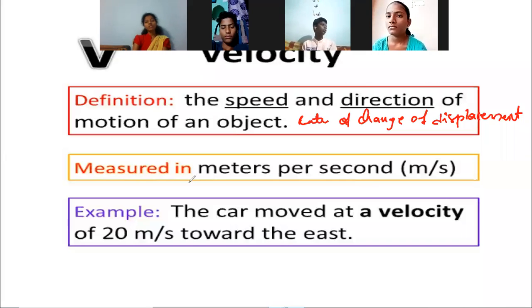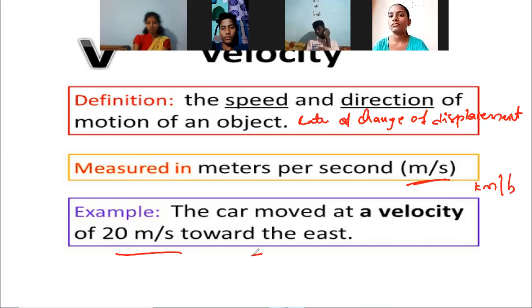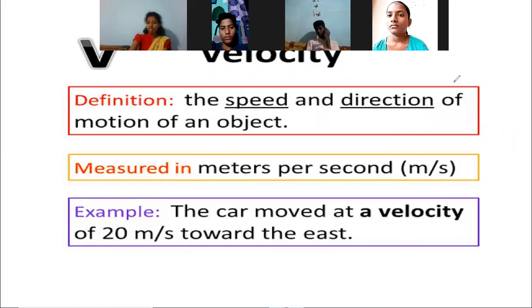Here also the unit of velocity is meter per second. We can also write kilometer per hour. Just now we observed one example: the car moved at a velocity of 20 meter per second towards the east, because it gives both magnitude as well as direction.